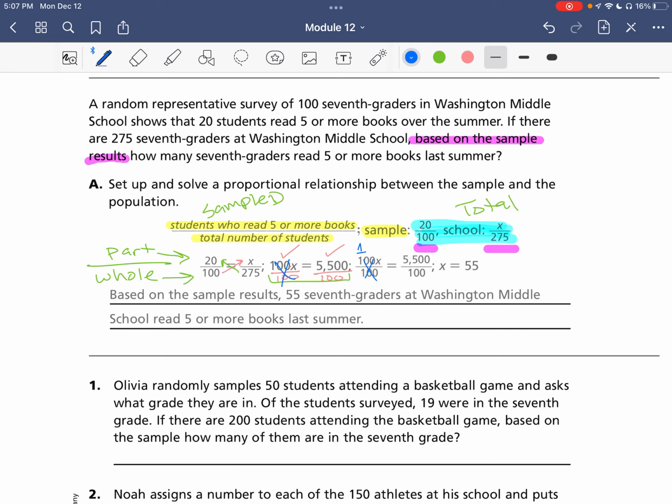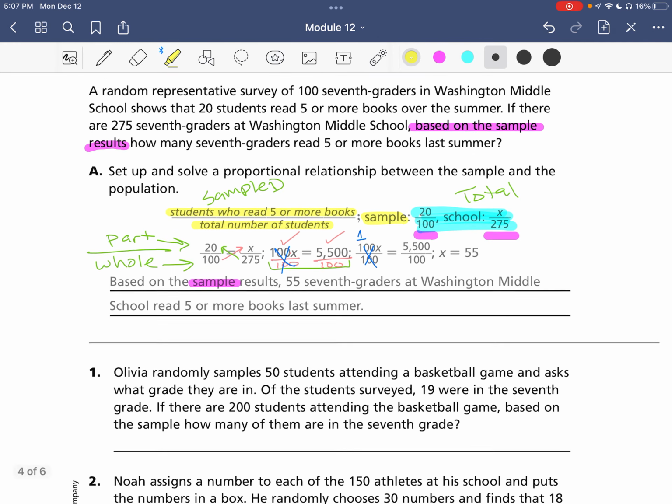What this is saying is that based on the sample results, so just this sample, 55 7th graders at Washington Middle School read 5 or more books last summer. So based off of this sample, 55 7th graders out of the whole school read 5 or more books.